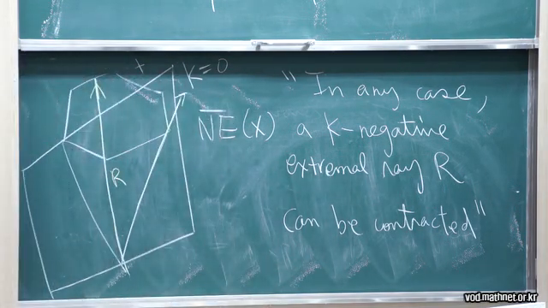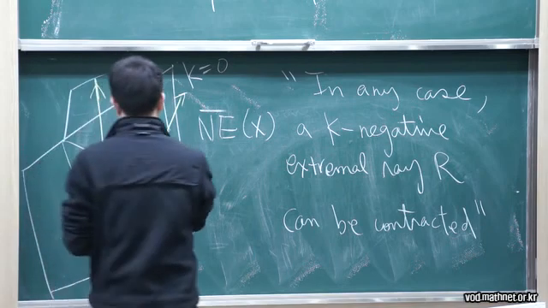In the original definition of a minimal surface, you only need to contract the -1 curves. But with this definition, you need to contract all the K-negative extremal rays.